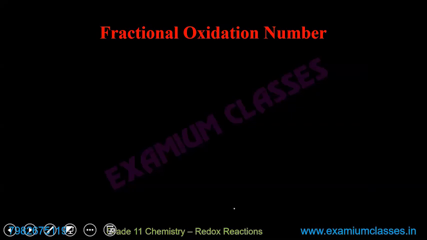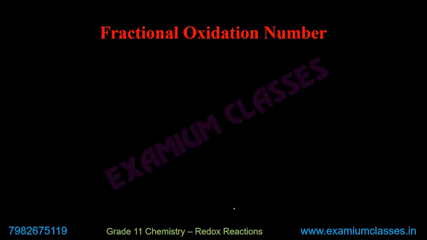Now, very good concept, fractional oxidation state. Many times we will be talking about fractional oxidation state, and there are different reasons for elements showing fractional oxidation state. In most cases, it is not a fraction, rather it is the average of different oxidation states of the same element if it is present in more than one atom form.